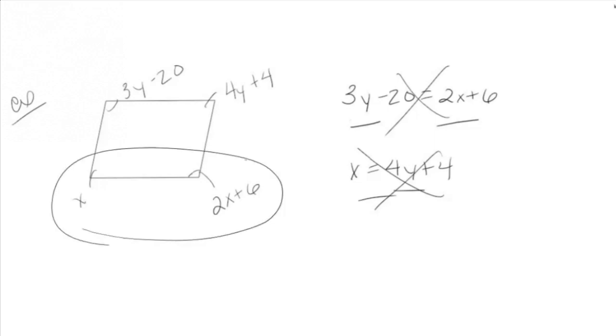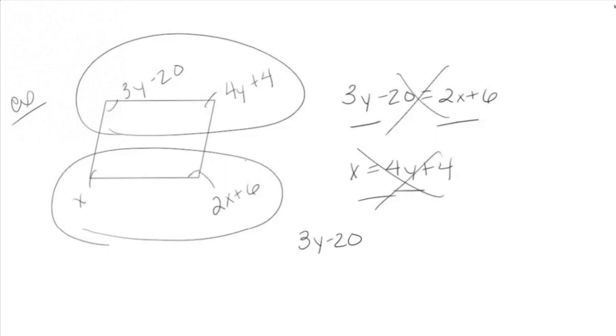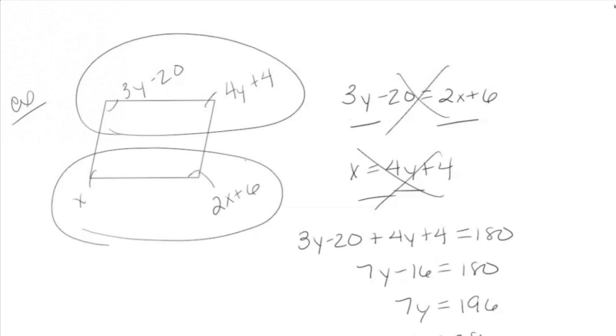So when I do that and I match up the single variables, now I'm going to be able to solve this. So what I know is that 3y minus 20 plus 4y plus 4 equals 180. So you would get 7y minus 16 equals 180, 7y equals 196, and then y equals 28.